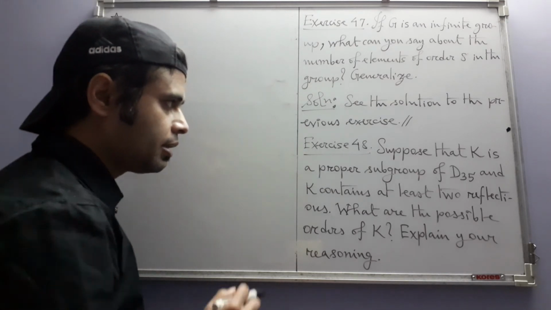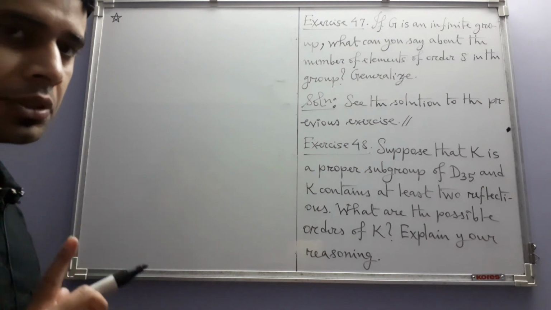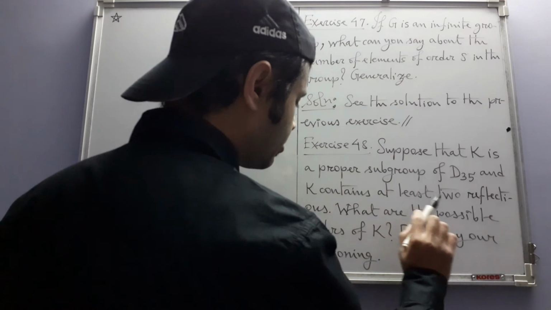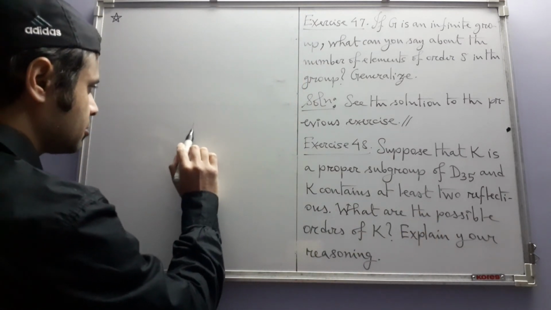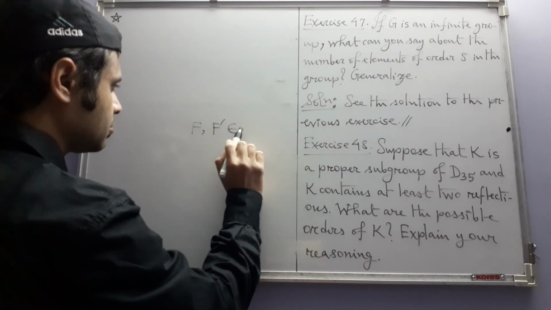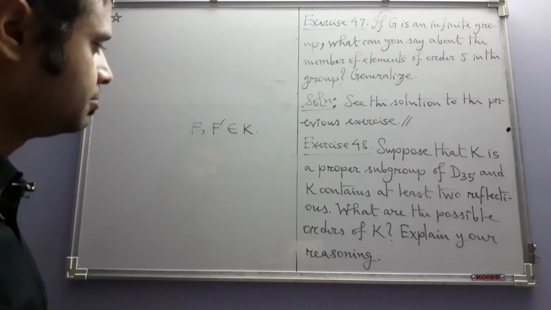Now it's given that K is a proper subgroup of D35. Okay, keep that in mind. K contains at least two reflections. So those two reflections you can consider as F and F prime.